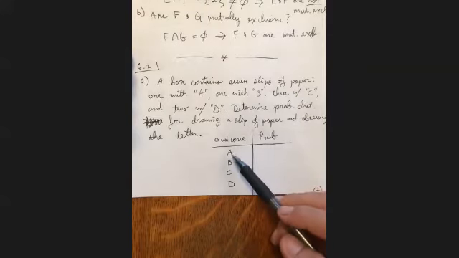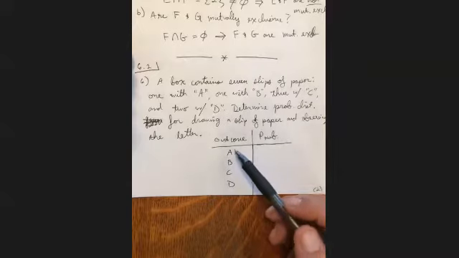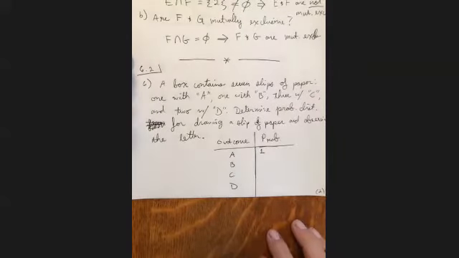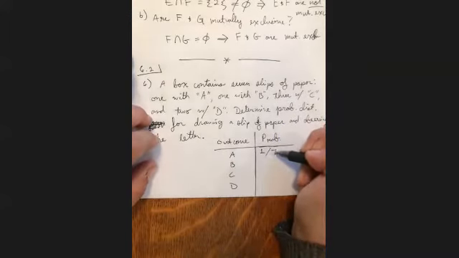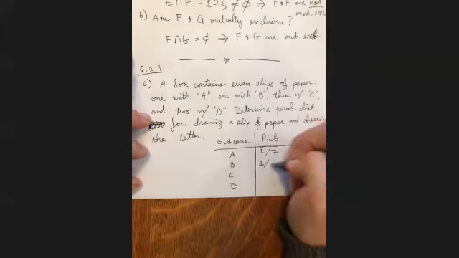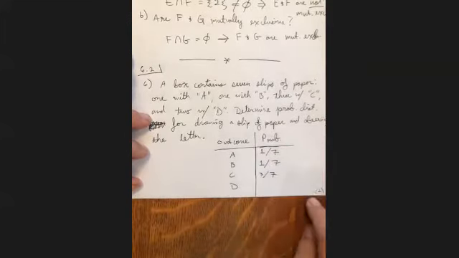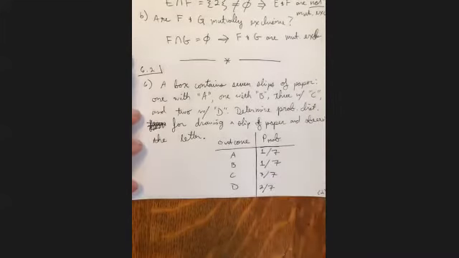So what we do is we figure out how many ways there are to get an A versus how many ways there are to get any result. So there's 1 A in the box, and there are 7 slips of paper total. So the probability of getting an A is 1 out of 7. Similarly with the B, there's 1 B out of 7. There are 3 C's out of 7 and 2 D's out of 7.